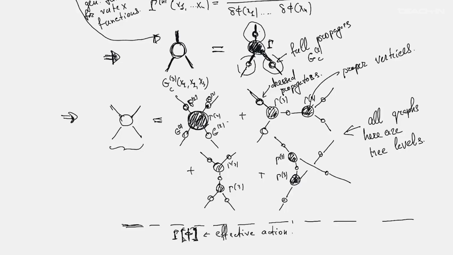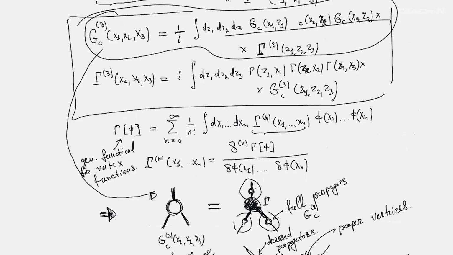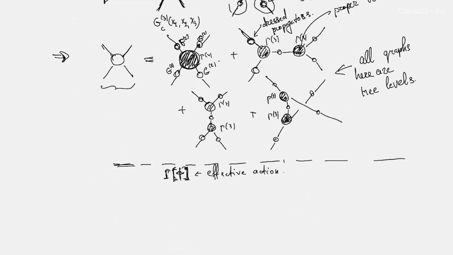So this effective action is an action which you use to write down all the tree-level graphs, no loops, but all the loops are already effectively summed up and sit in these gammas. That's why this gamma of phi is called effective action. And the actual utility of this effective action comes from analyzing and investigating theories with spontaneously broken symmetry.